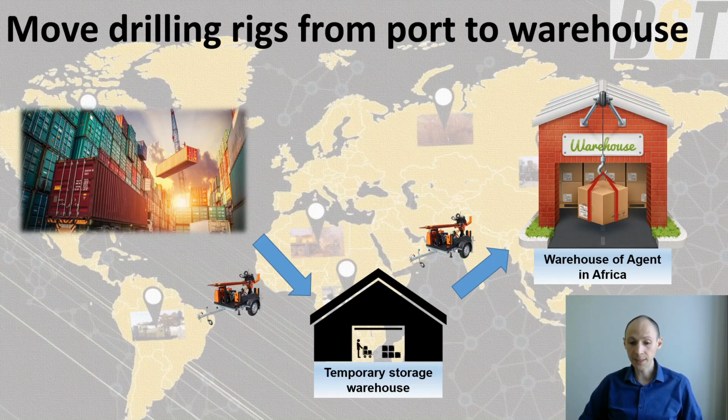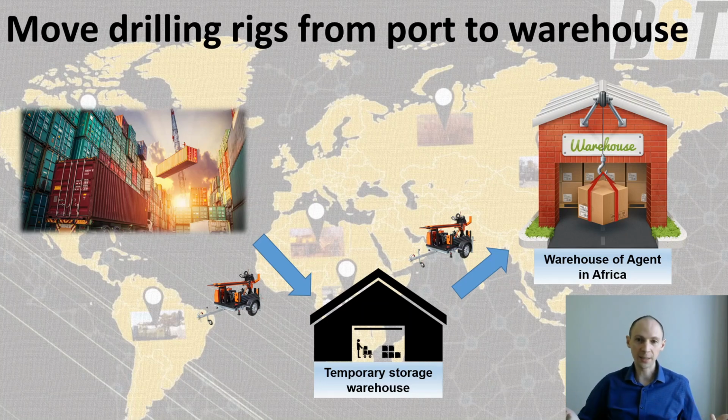At this stage, you start making final customs clearance. So again, you will just apply to the governmental authorities of your country and ask which final documents you need to submit in order to complete customs clearance.